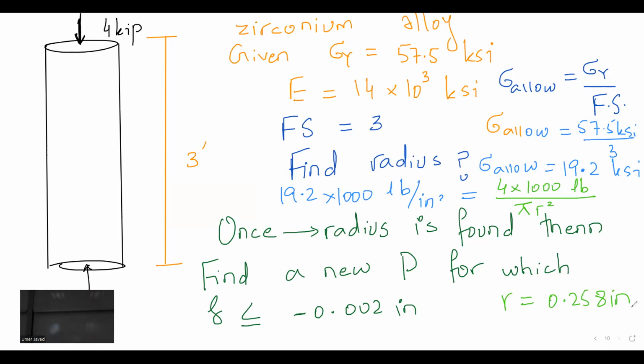Okay, do the second part. Find a new P for which your change in length is less than or equal to negative 0.002 inches. So what is the strategy? Exactly.